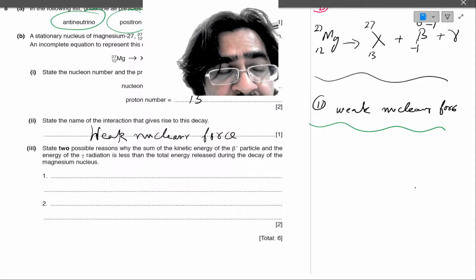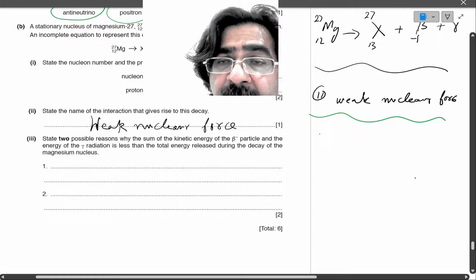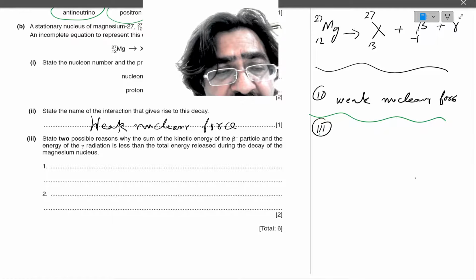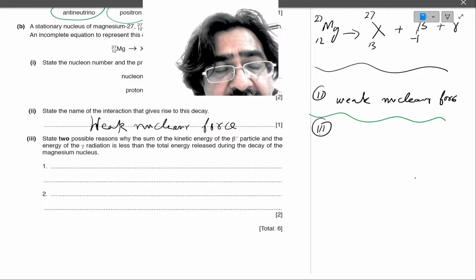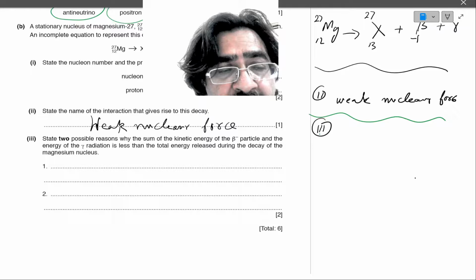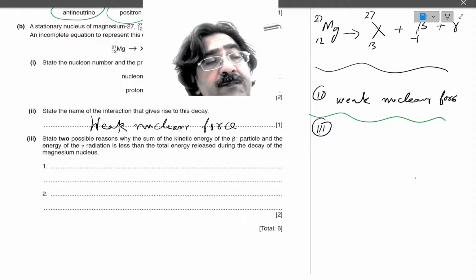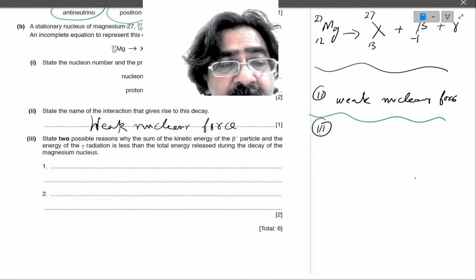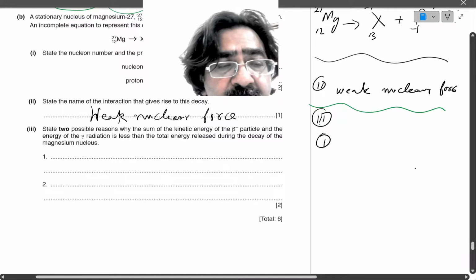Third is, state two possible reasons why the sum of kinetic energy of the beta particle and energy of gamma rays is less than the total energy released. I have to write two reasons.